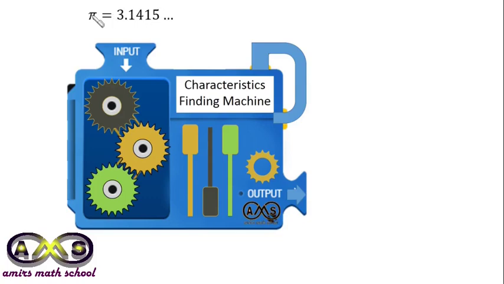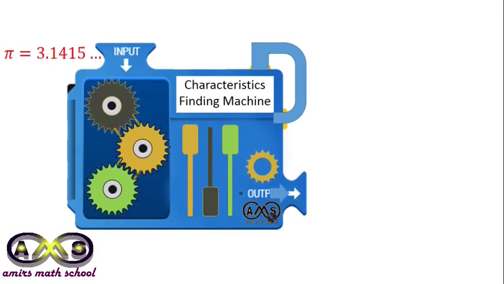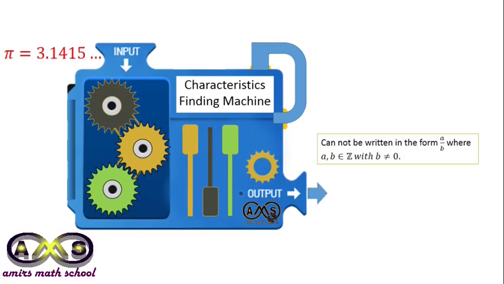Now we take another very special number, that is pi, 3.1415 and so on. We take this as input. After processing, the machine gives the first output: it cannot be written in the form a by b, where a, b belong to integers with b not equal to 0. So the given number cannot be expressed as an integer fraction.